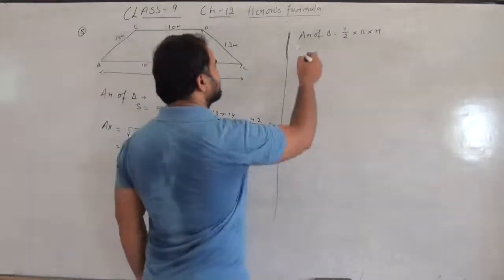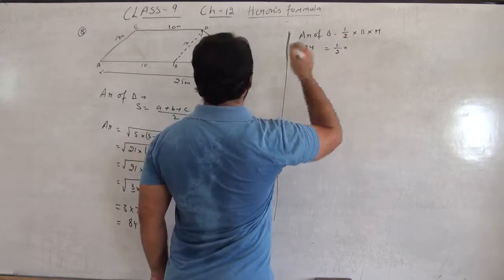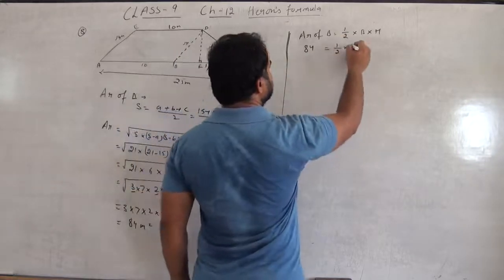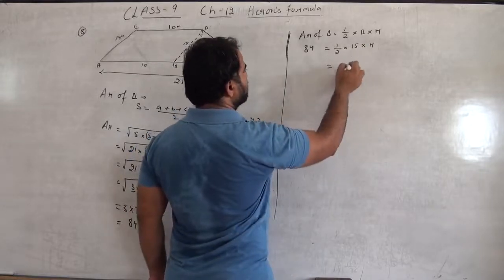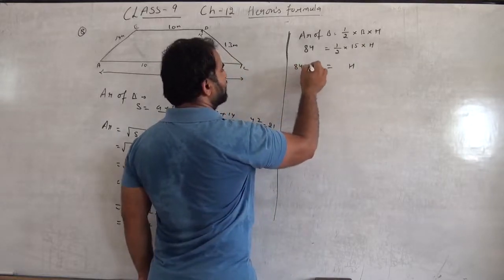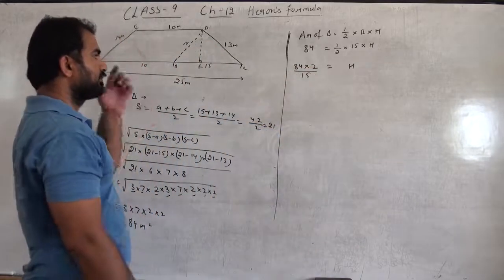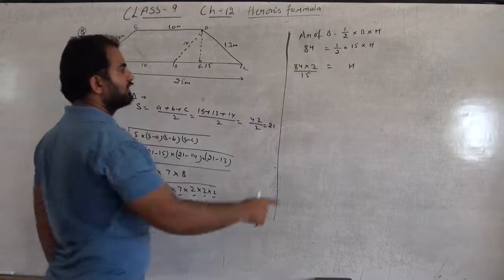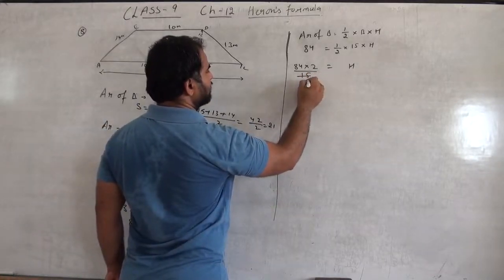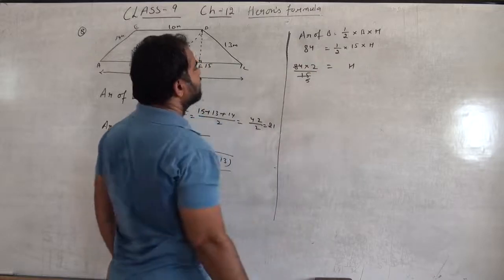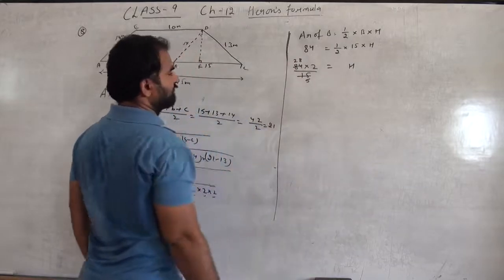So area of triangle is 84 equals 1 by 2 into base, which is 15, into height. So h will be 84 multiplied by 2 divided by 15. Done. Now we can calculate it by dividing by 3. So 3 5s are 15, and when we divide by 3, 3 2s are 6, and 3 8s are 24.